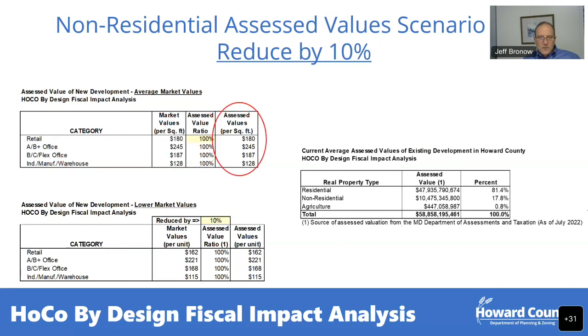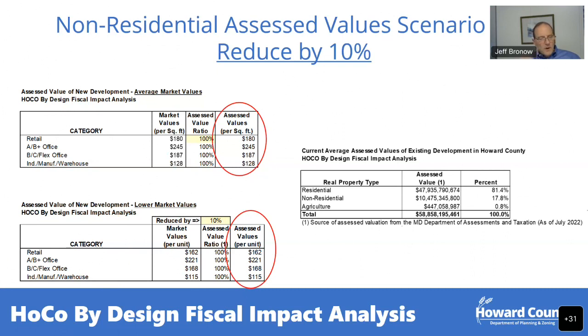You end up with assessed values of 10% less. That could reflect less job growth, therefore less building space being built. It could also reflect a decrease in assessed value because the demand in general for office space and retail space is less over time, given the telework trend.